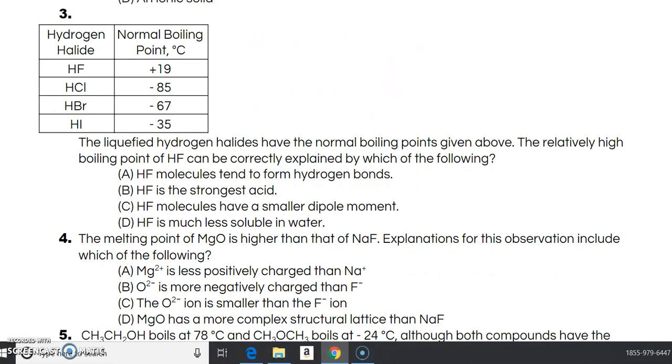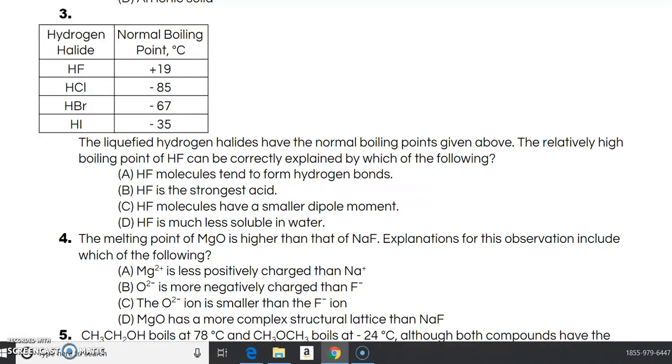All right, so we'll look at question number 3. Question number 3 is giving you a boiling point chart. And in the question, it asks you, explain why hydrofluoric acid has the highest boiling point. Well, the reason why we know is look at the other acids. Hydrochloric, bromic, and hydroiodic are all strong acids, so B cannot be the answer because hydrofluoric is weak.